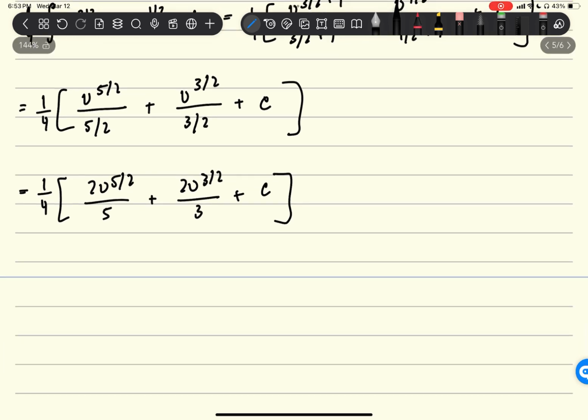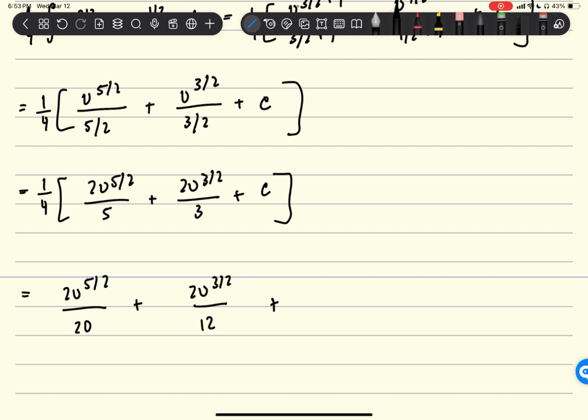So we're going to have 1/4 times our first term, which is going to be 2u to the 5 halves power divided by 20. 1/4 times our second term is going to be 2u to the 3 halves power divided by 12.